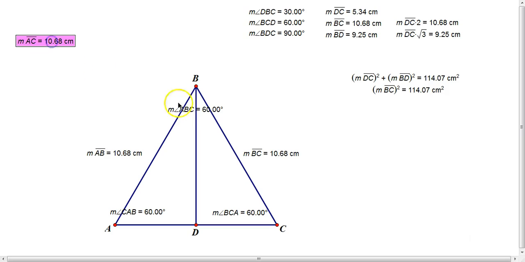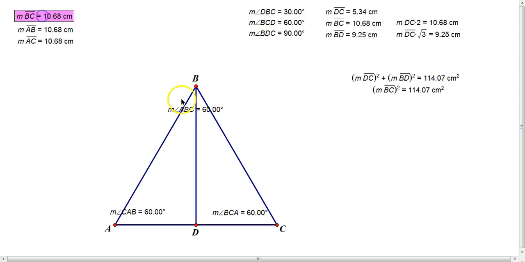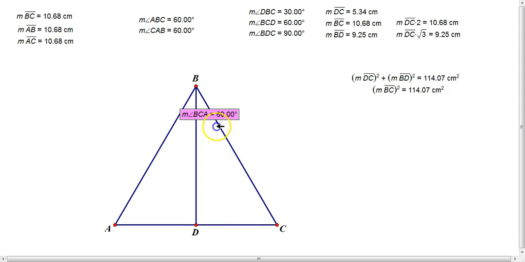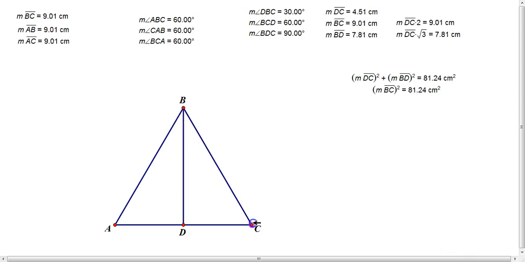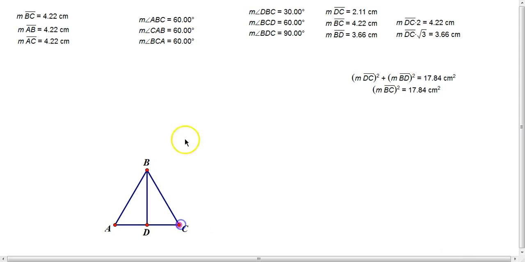So I'm going to move these out of the way. We have an equilateral triangle there, no doubt about that, and those values will always stay the same once I manipulate this triangle. If I change the size of this triangle really small, it's still equilateral, still all 60-degree angles, side lengths still all the same.